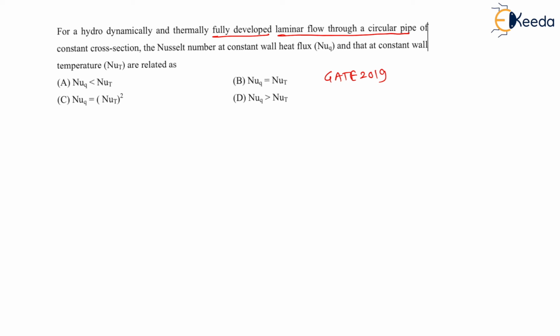Then the question is the Nusselt number at constant wall heat flux NuQ and that of constant wall temperature NuT are related as. Now, my dear students, we know that for fully developed laminar flow through pipe, the Nusselt number is always constant, right?